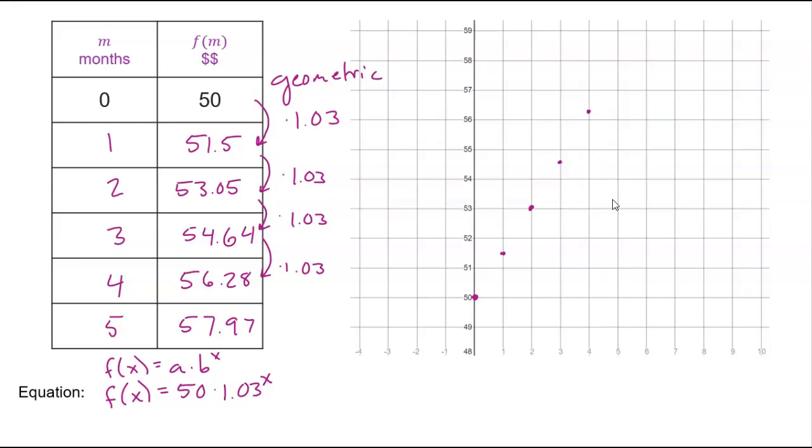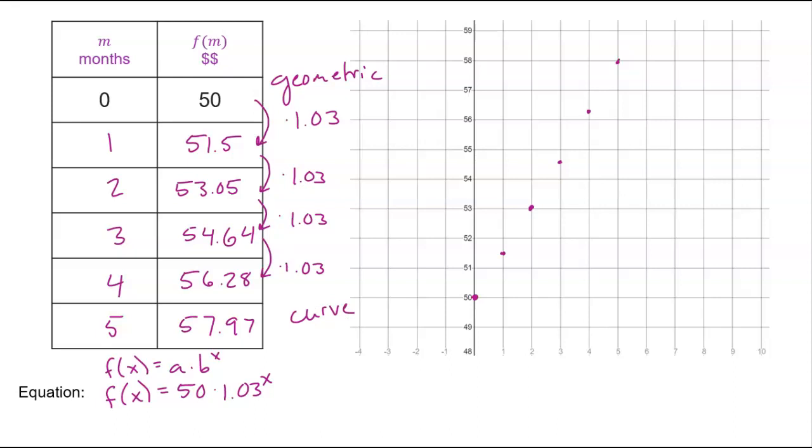And then 57.97 is probably right about on that line. Now this looks like a straight line, but we do know that it's geometric, so we expect this to be a curve. It just is a very, very slightly increasing curve.